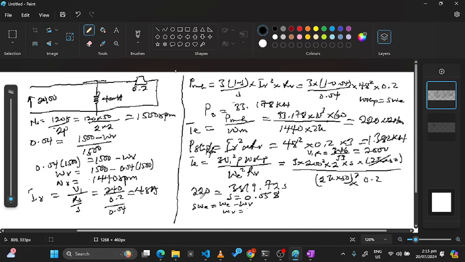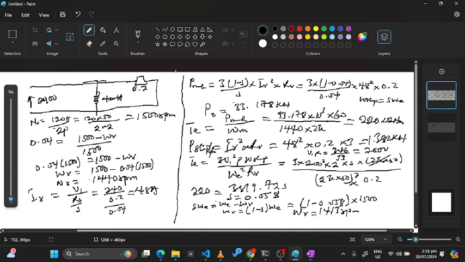So omega R is equal to (1 minus S) omega E. So this should be equal to 1 minus 0.058 times 1500. That will be our omega R. So omega R should be equal to 1413 RPM. Okay, so that's omega R.